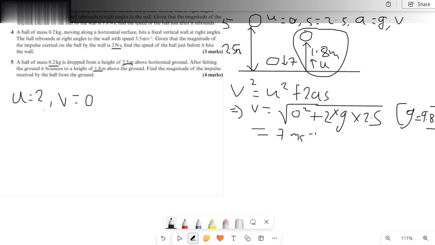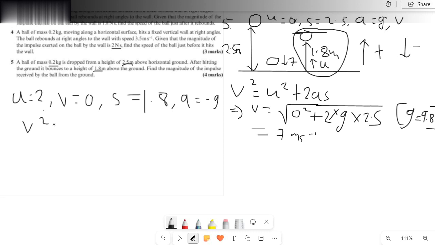Final velocity is 0 at the max height as we discussed in our first video. Displacement is 1.8, and because we have considered upward to be positive, therefore the downward direction should be negative.